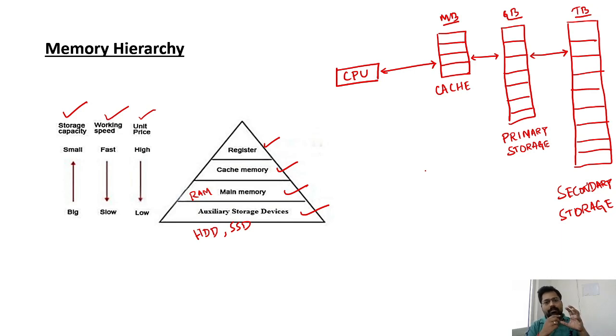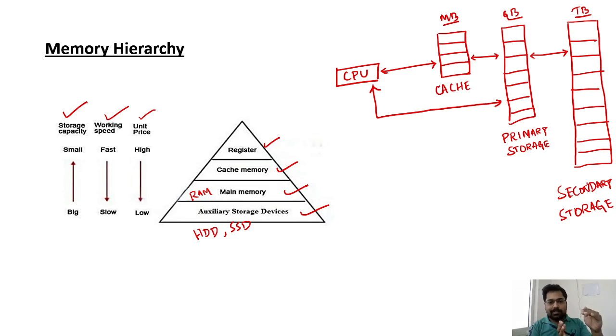The CPU first asks the cache, because there is no direct connection from the CPU to RAM in laptops. In mobile phones or smartphones, the CPU is connected to RAM and RAM gives data to the CPU, but in a system or laptop, the CPU first asks the cache.